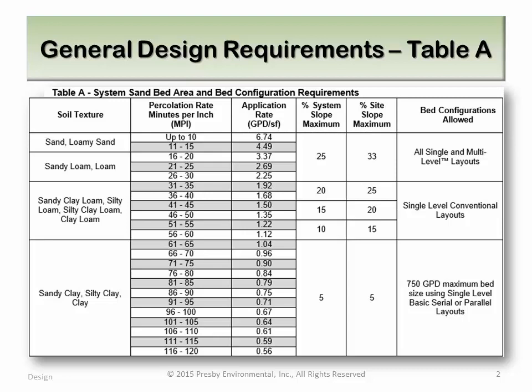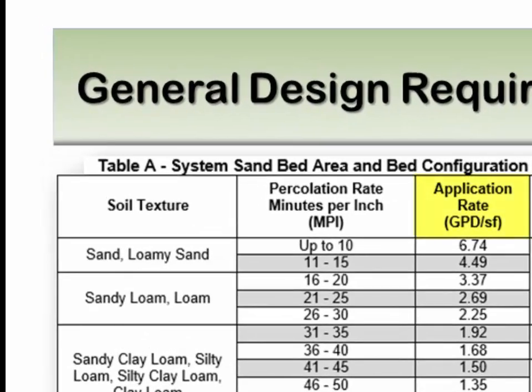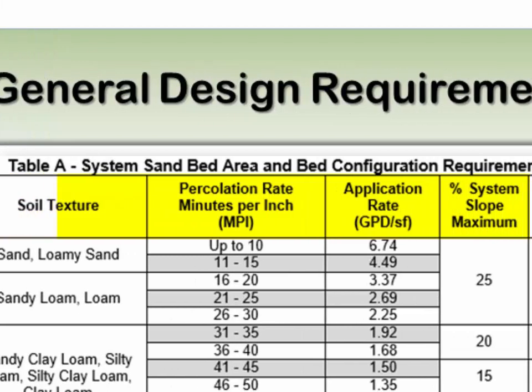The tables in the manual will provide the required sizing information needed to design a Presby system. Table A shows the acceptable soil application rates when either the percolation rate or soil texture is known. The application rate is used to adequately size the system sand bed area.